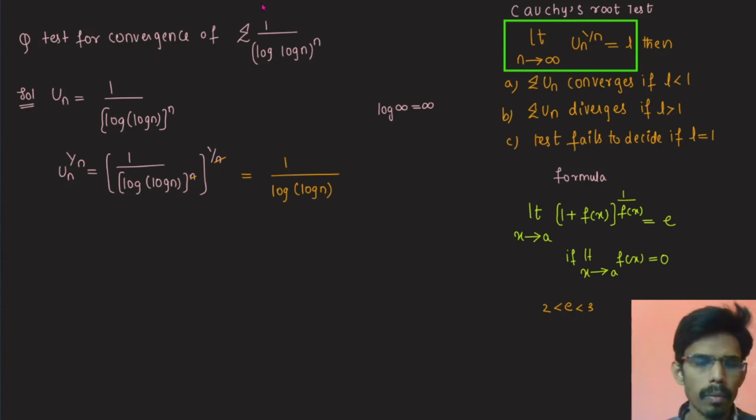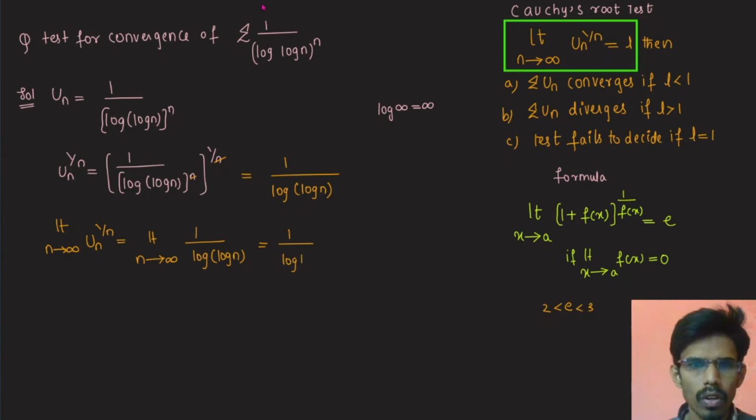Correct. Now apply limits on both sides. Limit n tends to infinity un power 1 by n will be limit n tends to infinity 1 by log log n. So if I put the limit, this infinity will come here, 1 by log log n. Log n will be infinity.